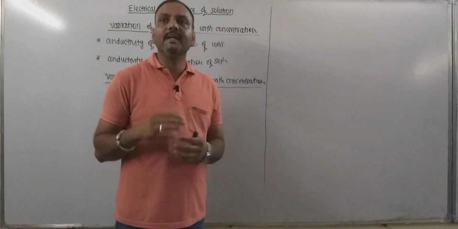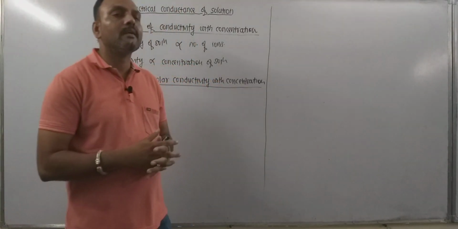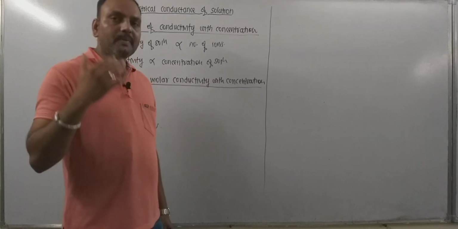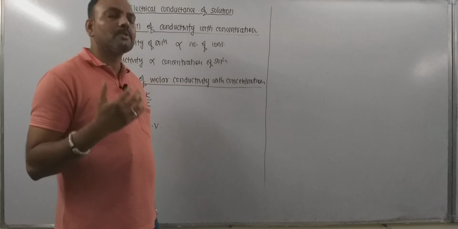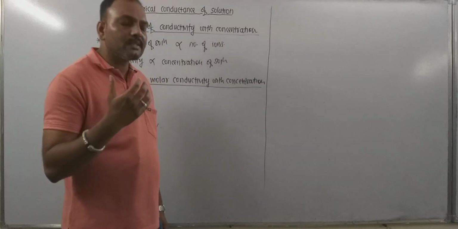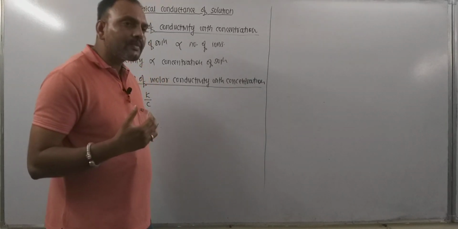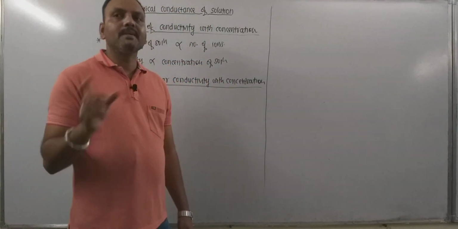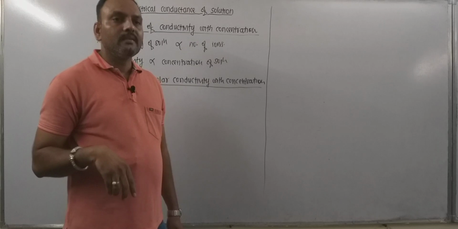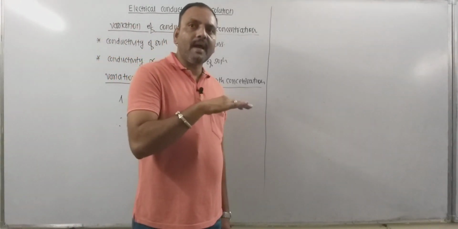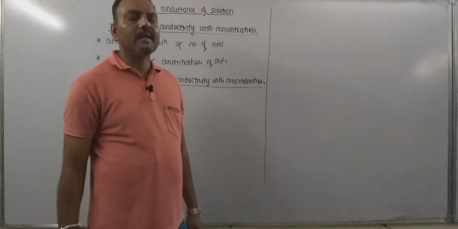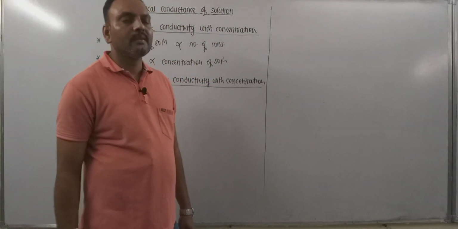Remember what happens when electrolyte solutions are diluted. Upon dilution, especially when we are dealing with a strong electrolyte, and we will discuss the strong electrolyte first of all, if that solution is diluted by adding solvent to it, then there is a certain increase in molar conductivity reported first of all.